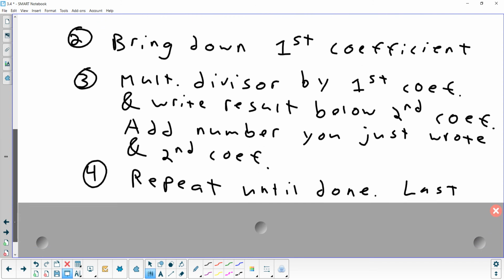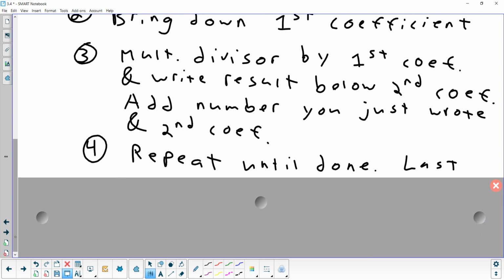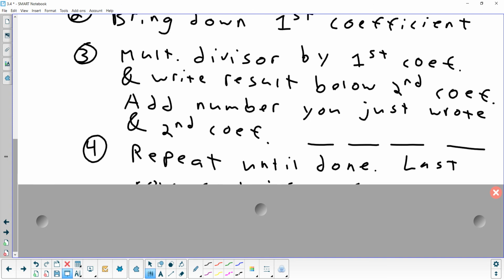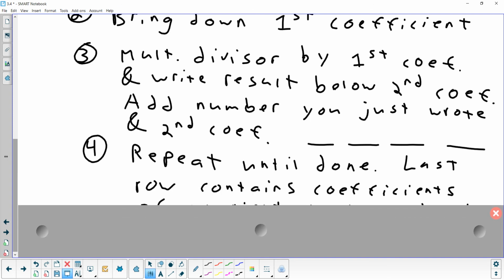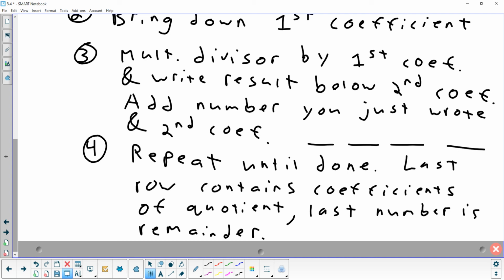And when you're done, you're going to have a row of numbers on the bottom, like this. How many numbers you have depends on the problem. This last row is going to tell you your quotient and your remainder. The number all the way on the right is the remainder. Every other number is part of the quotient.